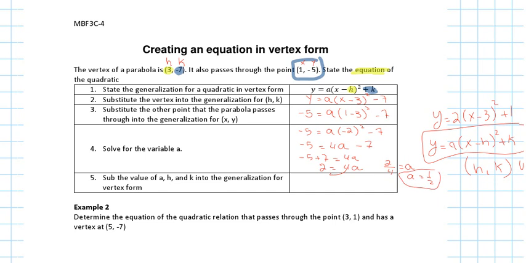So now looking back, I'm going to go back to this step, and then I'm going to replace A with 1/2. So that's going to be y equals 1/2 (x minus 3) squared minus 7.